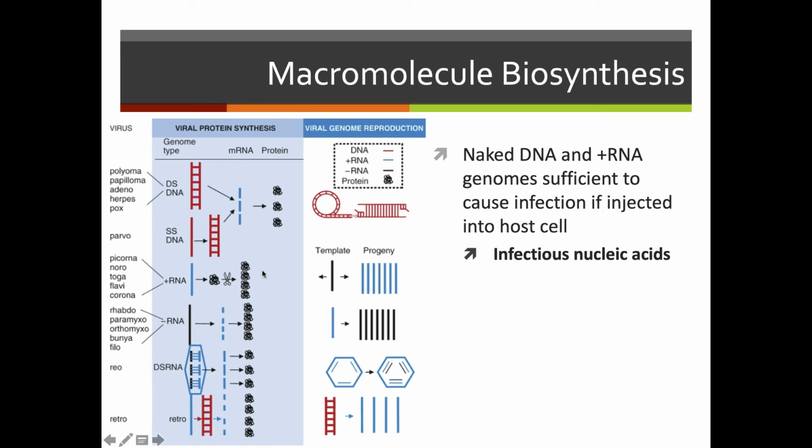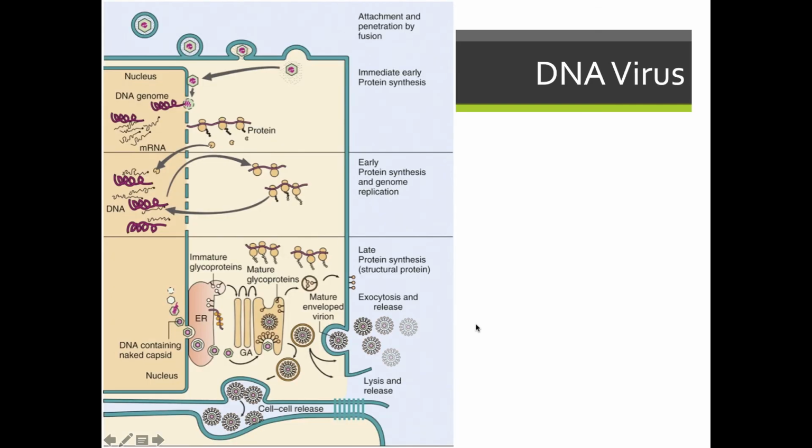With our negative strand RNA viruses, our double-stranded RNA viruses, our retroviruses, there are more complicated steps that go on. And I'm not going to belabor the point here on how DNA virus replication works, because we'll talk more about it later.